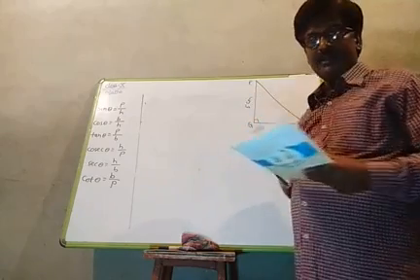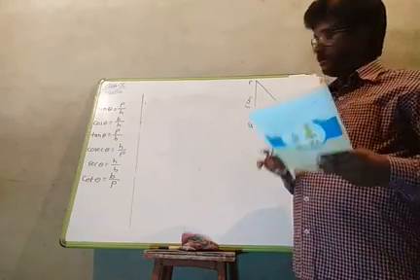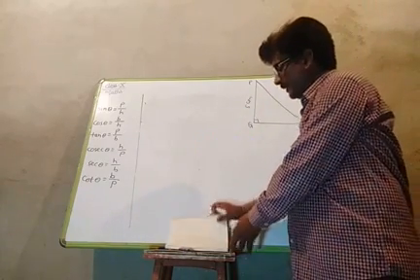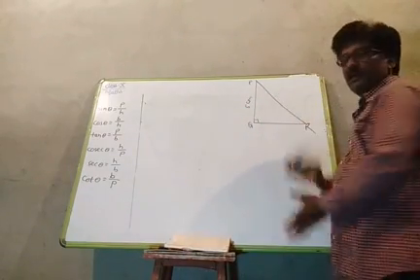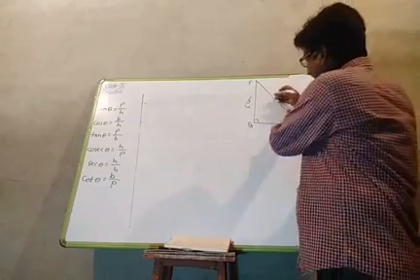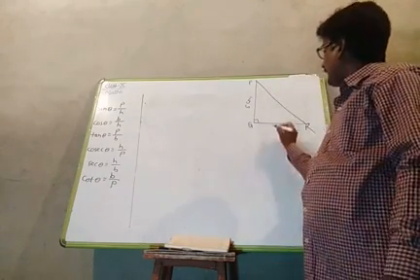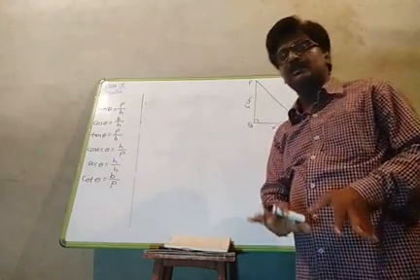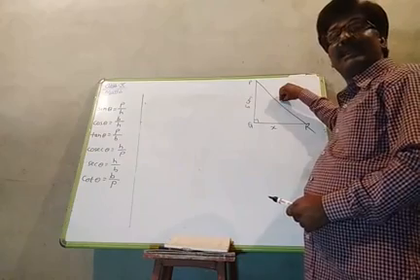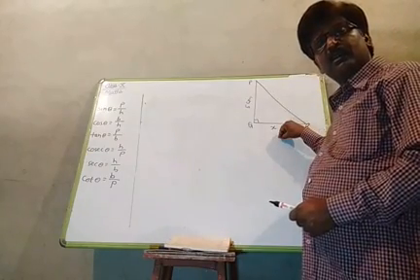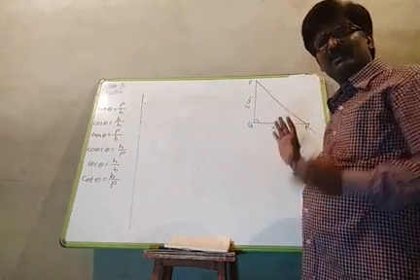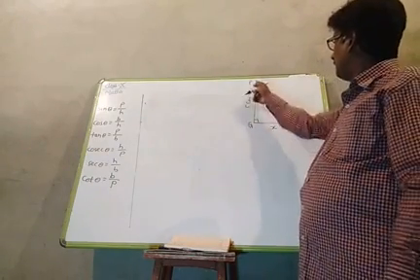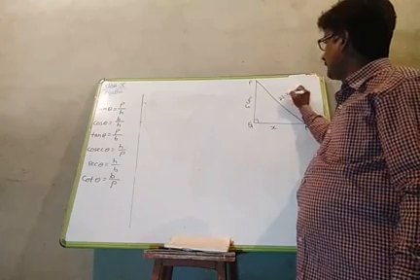This one is the 5 centimeter, and also the sum of PR and QR is 25 cm. It means the sum of the two sides is 25 cm. Out of the two sides, if we consider one as x, then the other will be 25 minus x. Anyone may be considered. So I have considered QR as x, so PR will be 25 minus x.